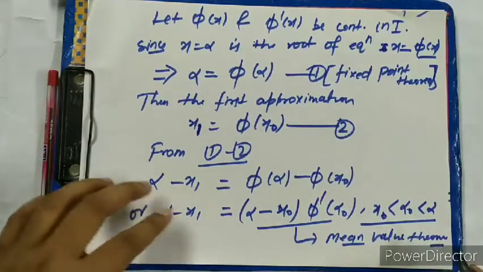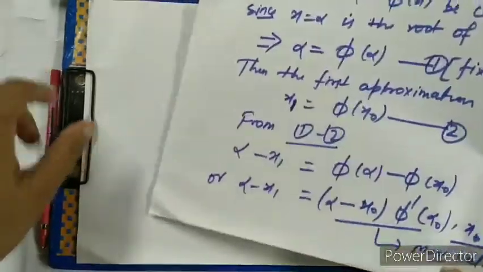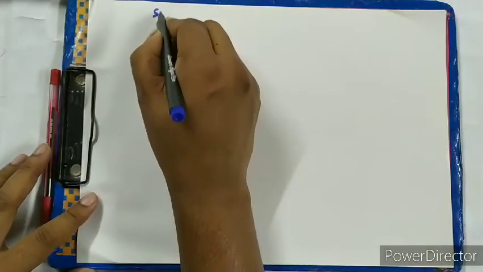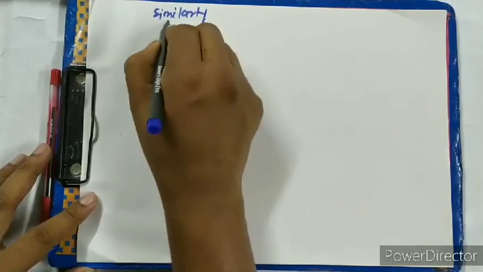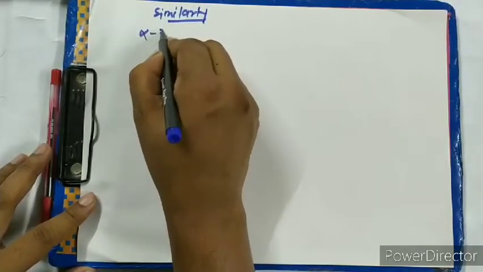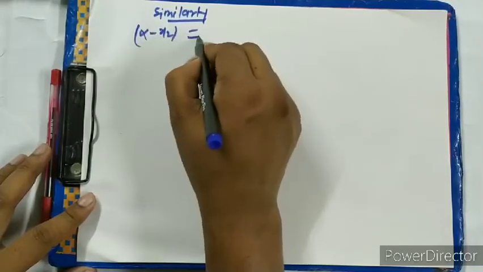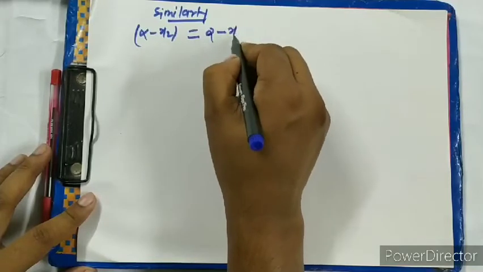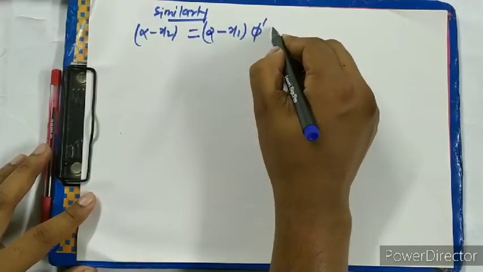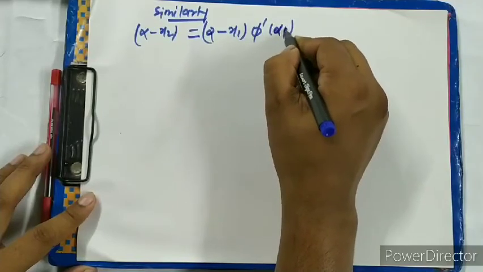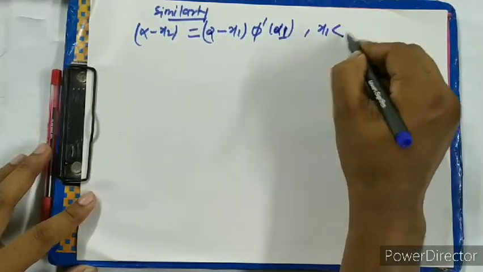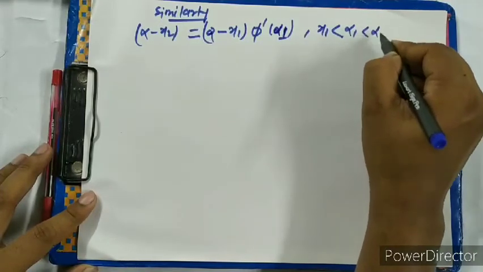In the next step, similarly, alpha minus x2 is equal to alpha minus x1 phi dash of alpha 1, where alpha 1 lies between x1 and alpha.